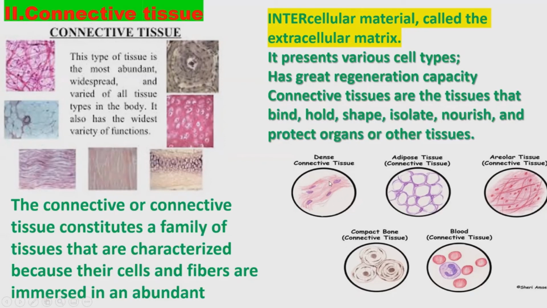For example, dense connective tissue is a type of connective tissue, adipose connective tissue, areolar connective tissue, bone is another type of connective tissue, and blood is another type of connective tissue.